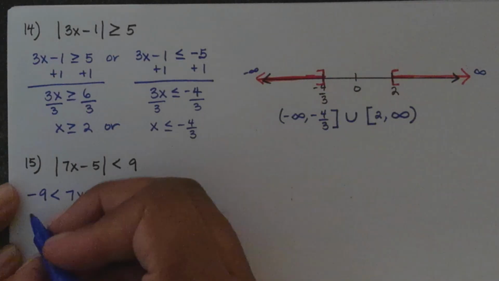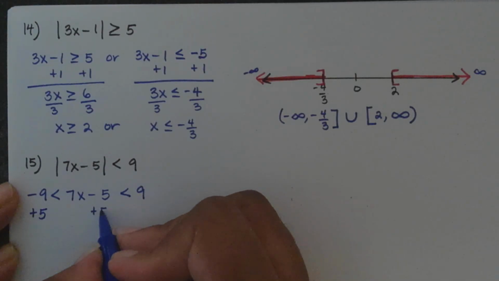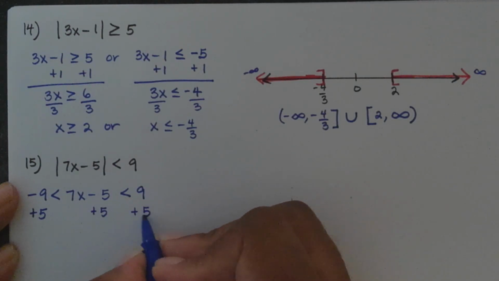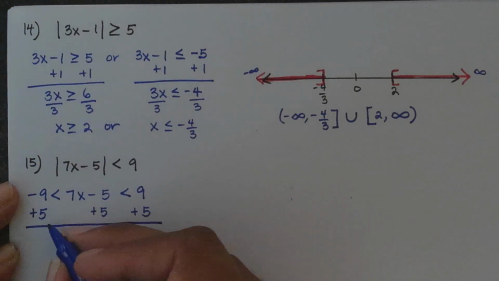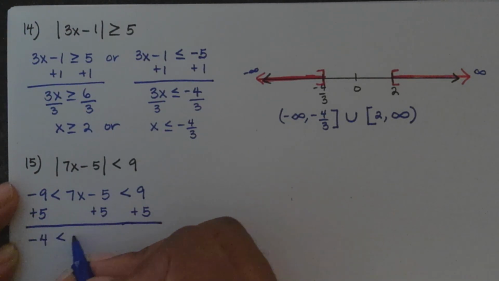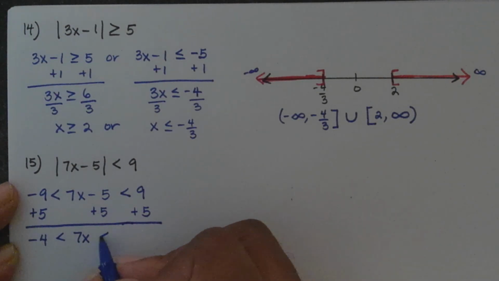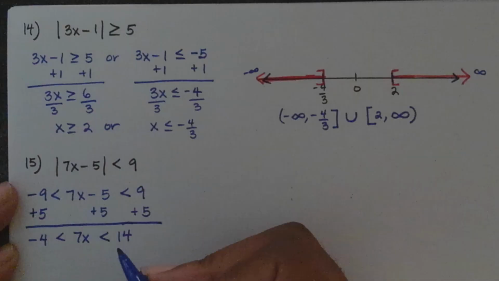So I need to start off by doing what? Add 5 on the left side, add 5 in the middle, and add 5 on the right side. So negative 9 plus 5 will be what? Negative 4, and that's less than 7x, and less than 9 plus 5, 14.